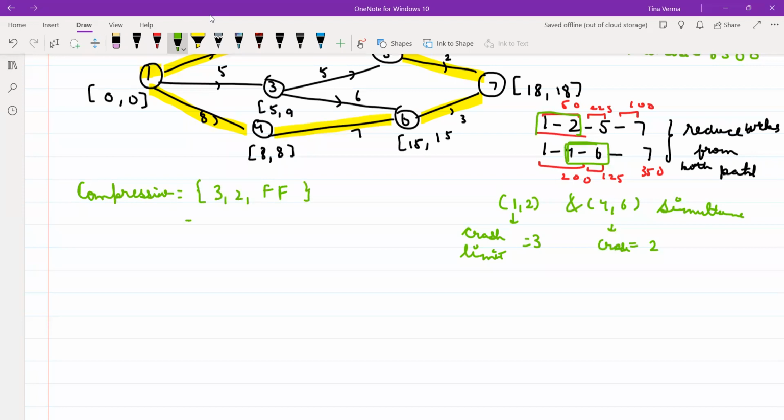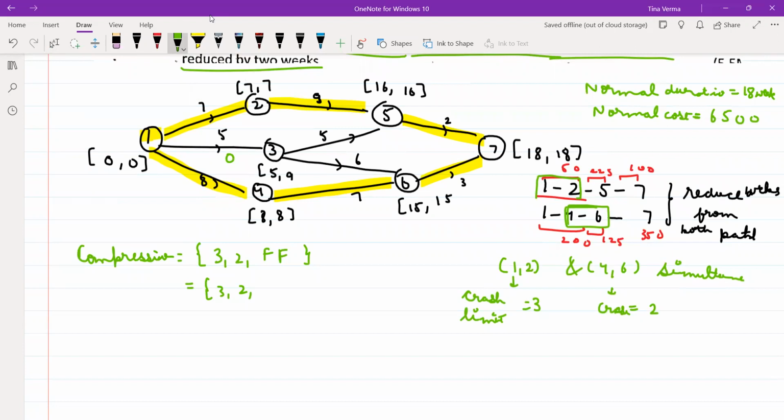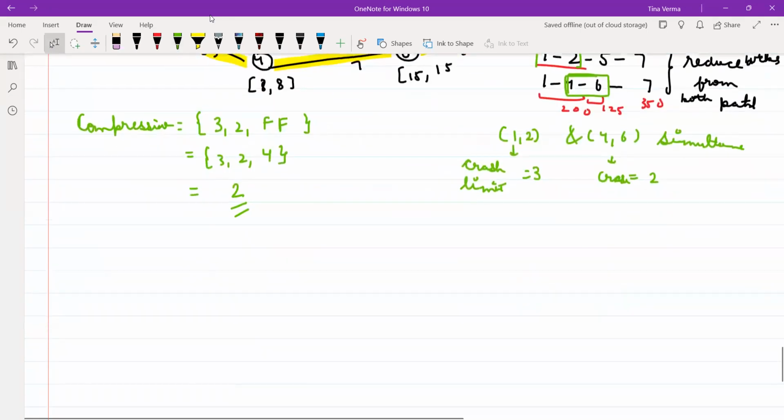If you calculate the free float for your non-critical activities, the free float was 0 for this activity, 6 for this activity, and 4 for this activity. You have to take the minimum. So you can compress by 2 weeks.